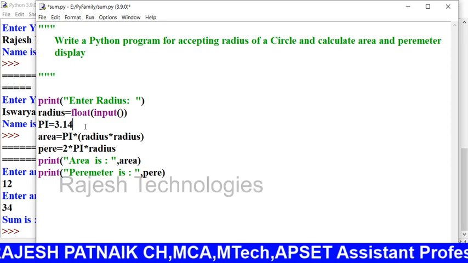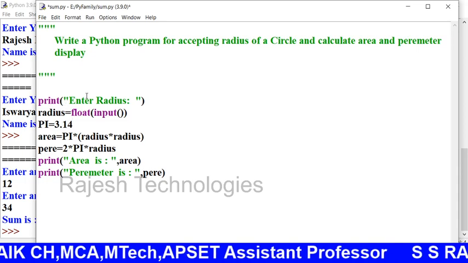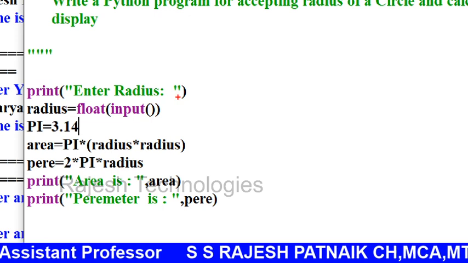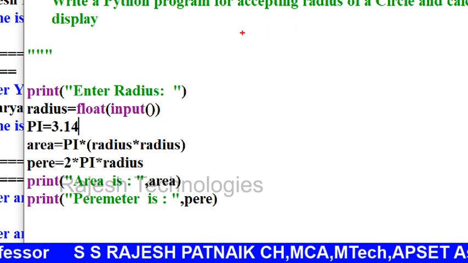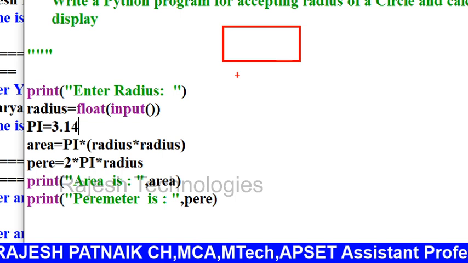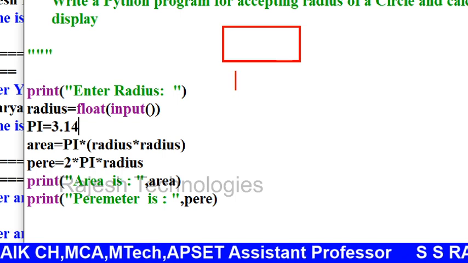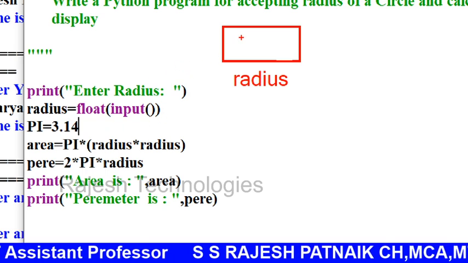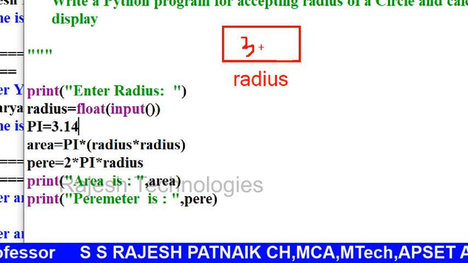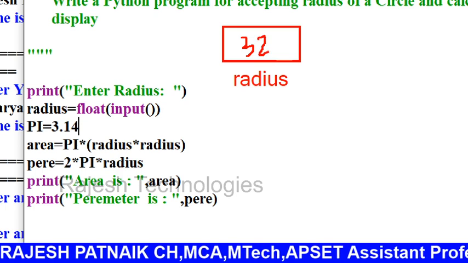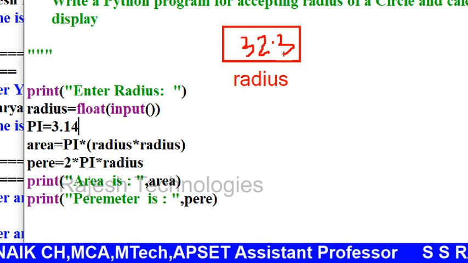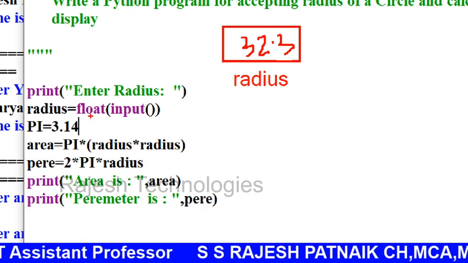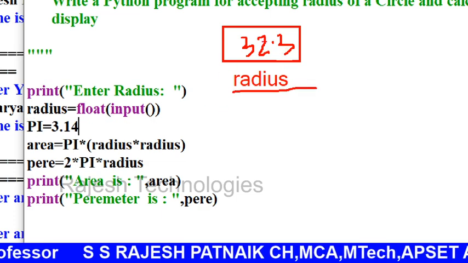Okay, now, so Aishwarya, once again I will explain for your purpose. First and foremost thing, it will ask for a radius. That means I have a radius variable. And then if I enter anything like 3.2, otherwise 32.3, it is a precision value. For this float, input is 32.3, it will be converted to float and stored in the radius variable.